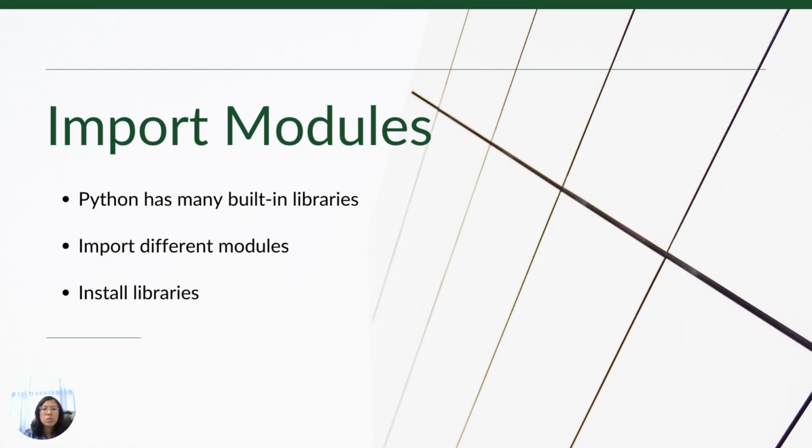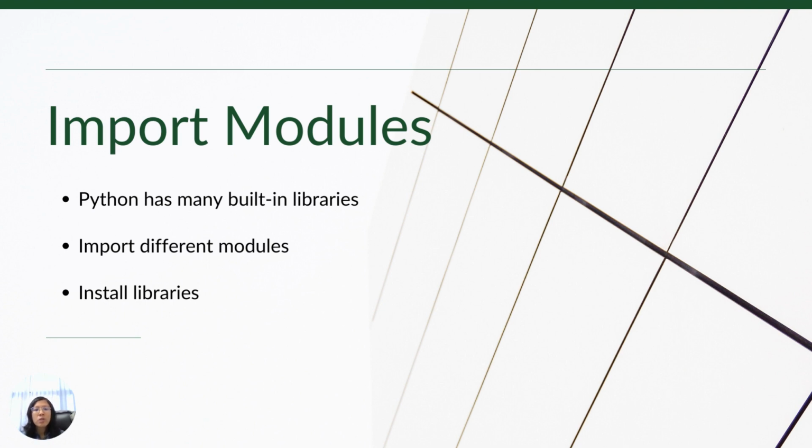Next, I'm going to cover how to import different modules. Python has a lot of built-in libraries, and for us to run some programs or exercises, we just need to import the different modules. Of course, we need to know which modules to import. In Google Colab or Jupyter, when you install the software, there are already pre-installed libraries.